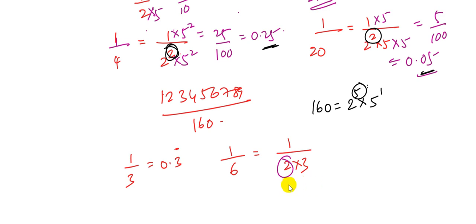Because the 2 is there, fine, but then I have a 3. So, if there is anything other than 2 and 5 in the denominator, the decimal will be recurring. And actually, this is 0.16 recurring. There is one digit which is not recurring, and this is because of the 2.